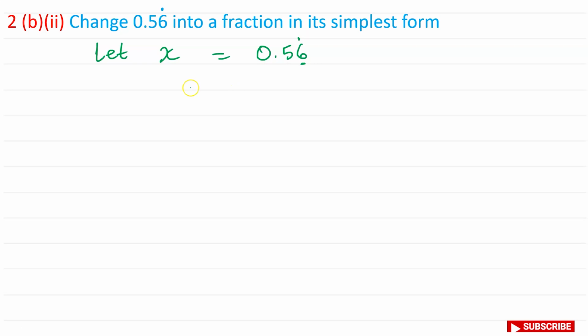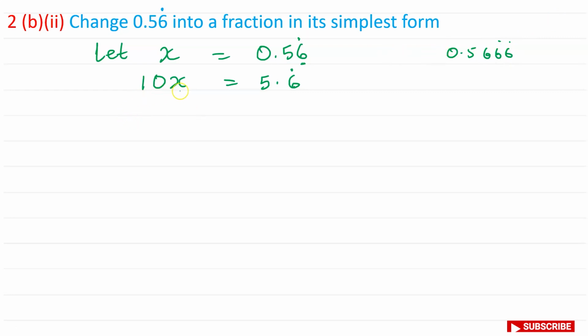So the first thing you're going to do is, if x is equal to that, then 10x is going to be equal to, we need to multiply by 10 on this side as well. So that's going to be 5.6 recurring. So you know that is going to be 0.5666 and so on recurring.